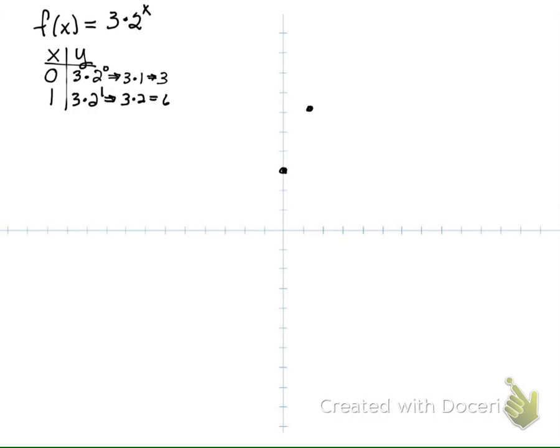No. So like if I put negative 10 in for x, everybody put that in your calculator real quick.